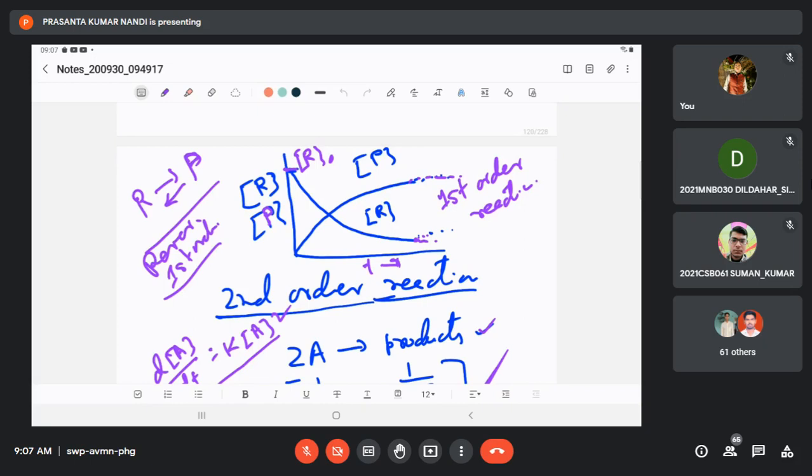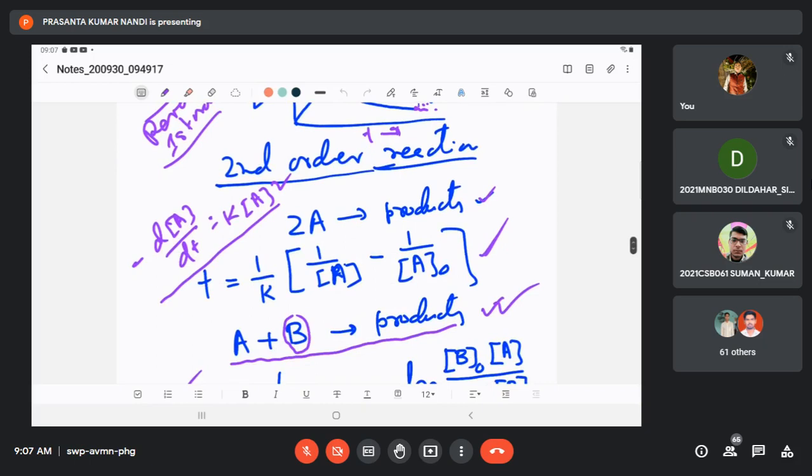That is the normal situation. They normally approach some constant value, which we call the equilibrium value, that is the concentration at the equilibrium state of the reaction.